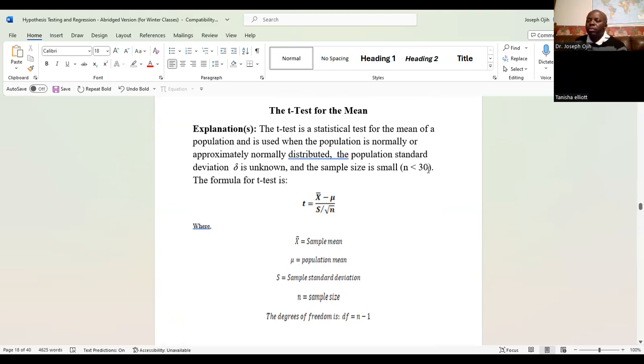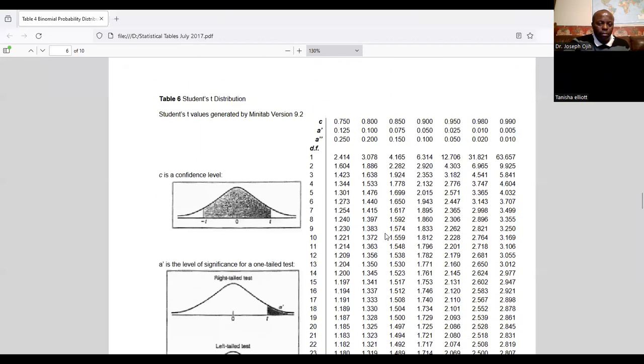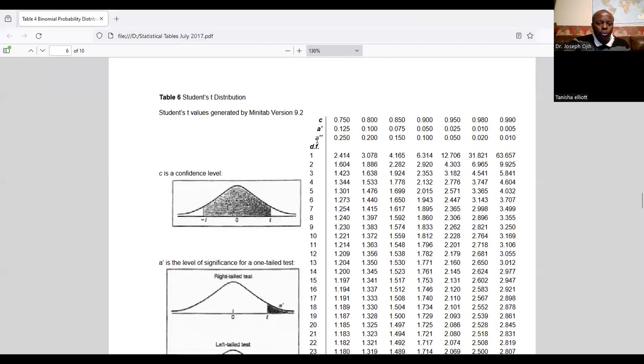We call it the t-test because we're using the student t distribution table. This is the table we'll be using. If it's a two-tailed test, you use the alpha with double prime. If it's a one-tailed test, you use the alpha with only one prime.